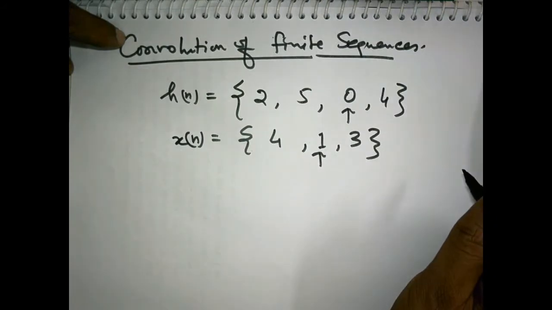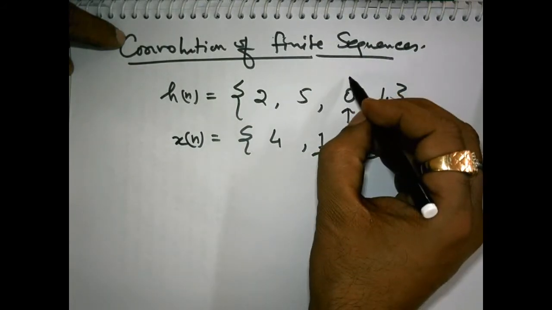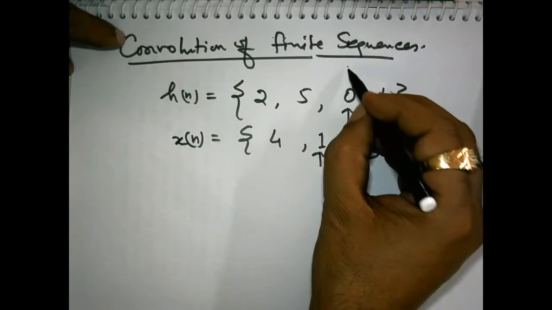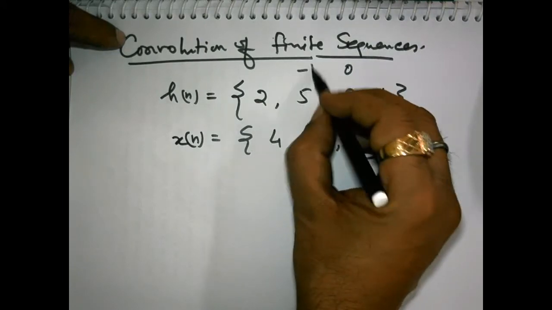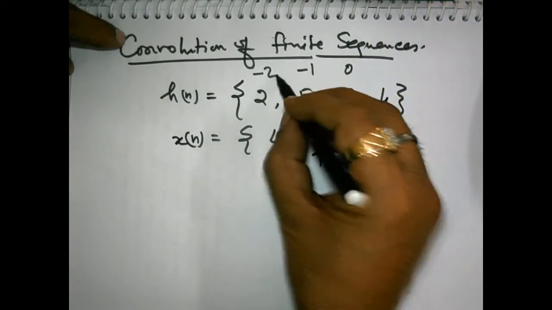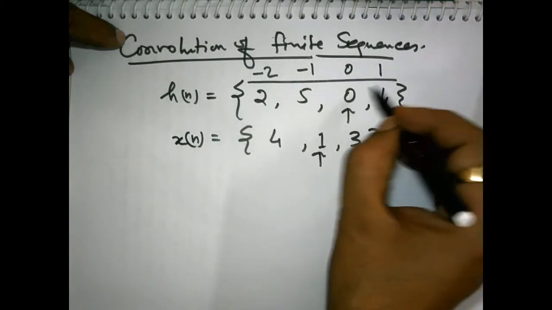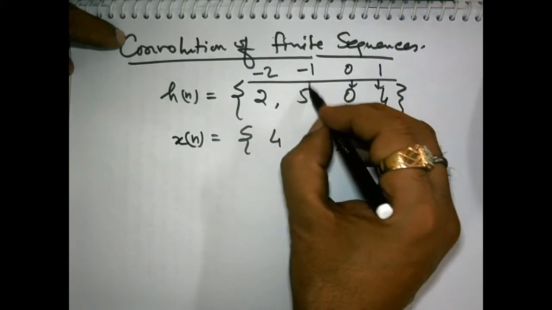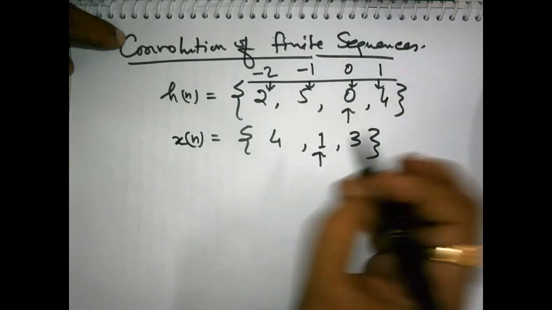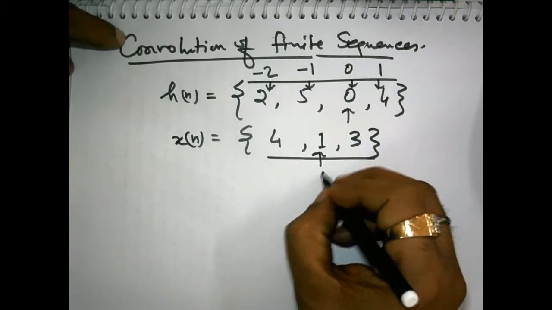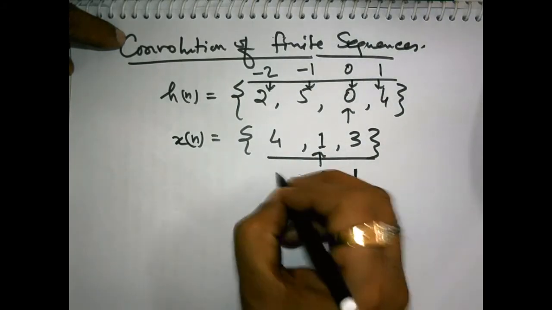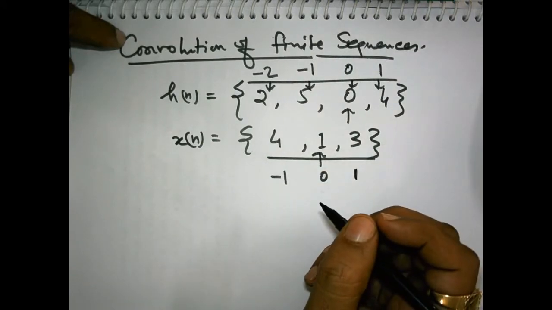Now you see the time indices: this is n equal to 0, this is n equal to -1, this is n equal to -2, this is n equal to 1 for this signal. For the other signal, the time indices are n equal to 0, n equal to 1 and n equal to -1.